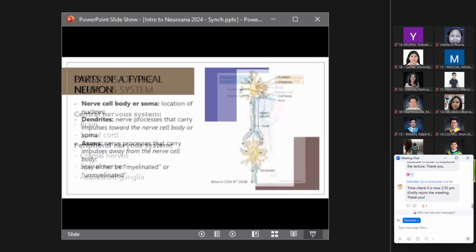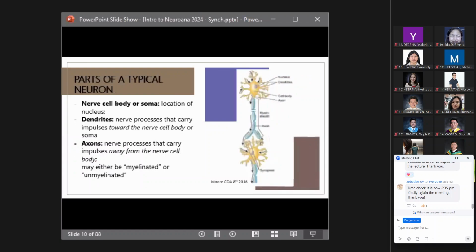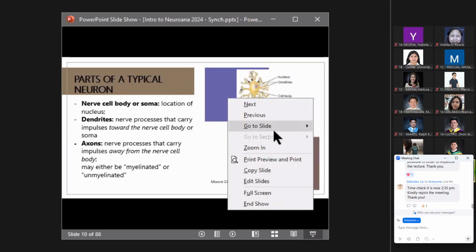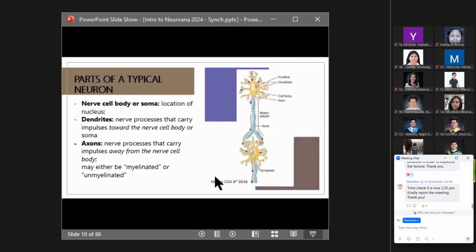Okay. Now, let's review the parts of the typical neuron. You have the nerve cell body or the soma, where the nucleus of the neuron is.